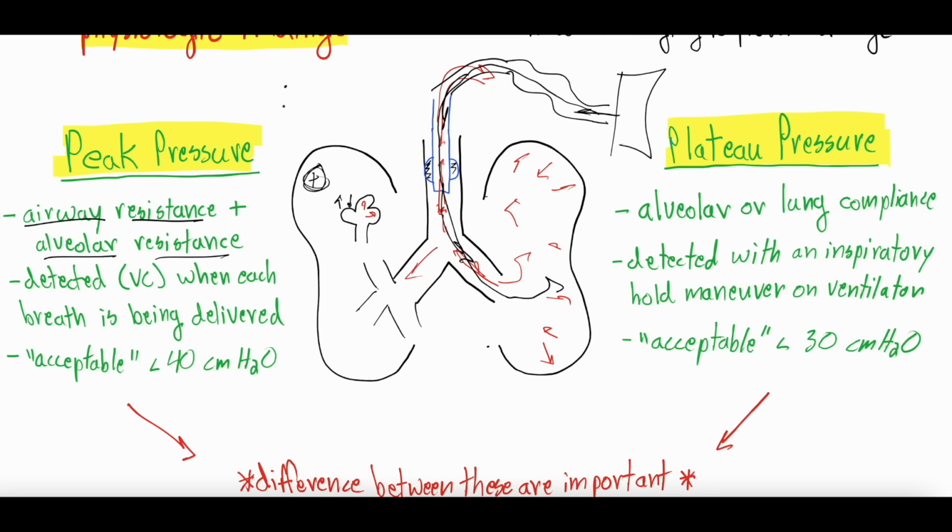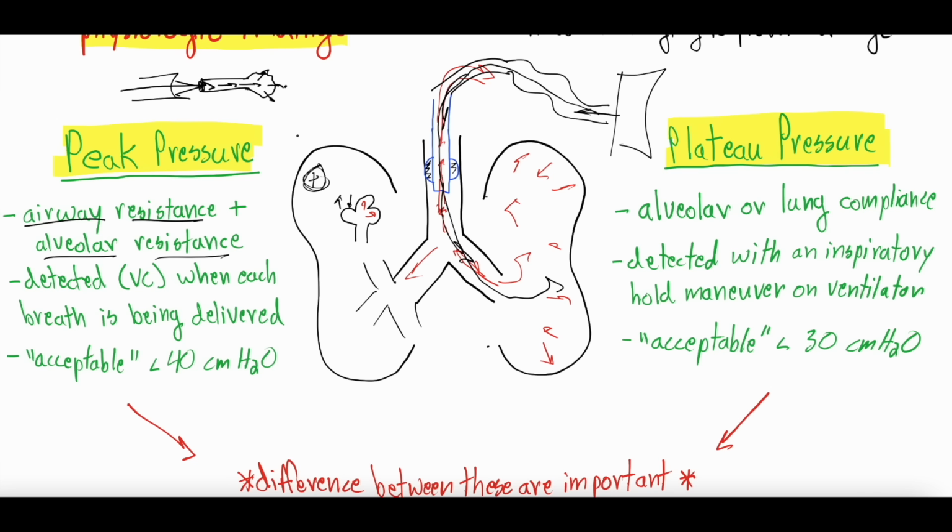If we just make this more simplistic, let's just picture you had a pump, right? Here's your pump. It's got a little nozzle at the end, and that nozzle is plugged into a pipe, right? And then there's a balloon on the end of that pipe. The peak pressure would be the pressure it takes you to pump a breath through this pipe into the balloon and then start to inflate the balloon.